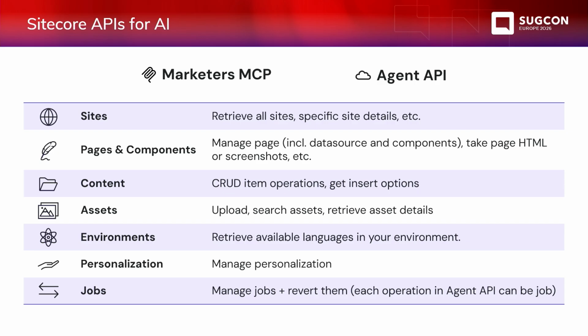So Agent API actually provides you just a single endpoint, like add component to the page, you provide all the required details, and it does it for you. And also, you can associate each operation with a job ID and revert each operation, which is really useful for AI integrations.